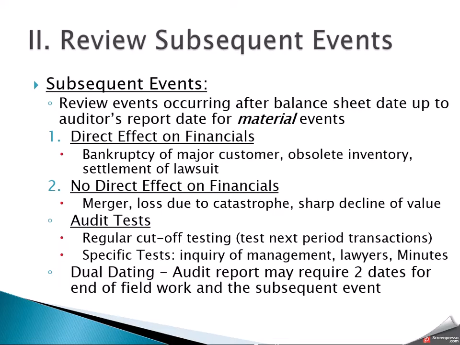So if there was a merger or an acquisition that happened right after the balance sheet date, or some sort of catastrophe like a natural disaster, a tornado or hurricane, things like that happened right after the financial statement date.